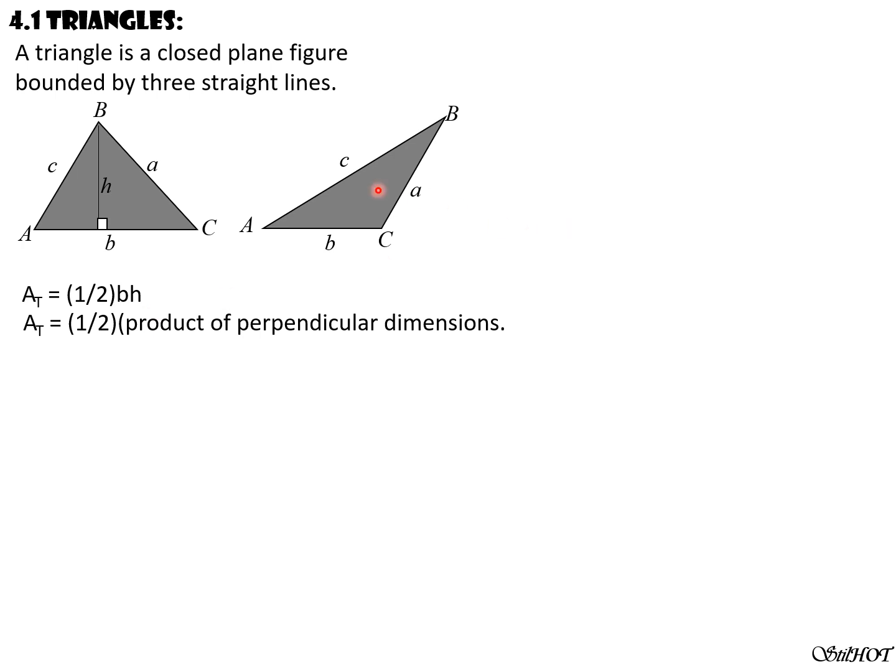So for this situation here, it is 1/2 A times HA. If we call HA as the height perpendicular to side A, 1/2 B times HB, and 1/2 C times H sub C.